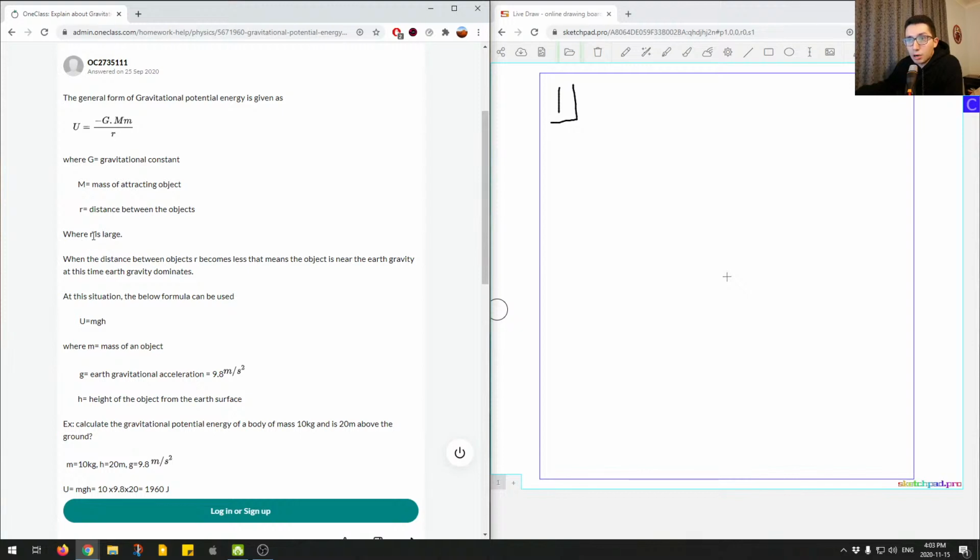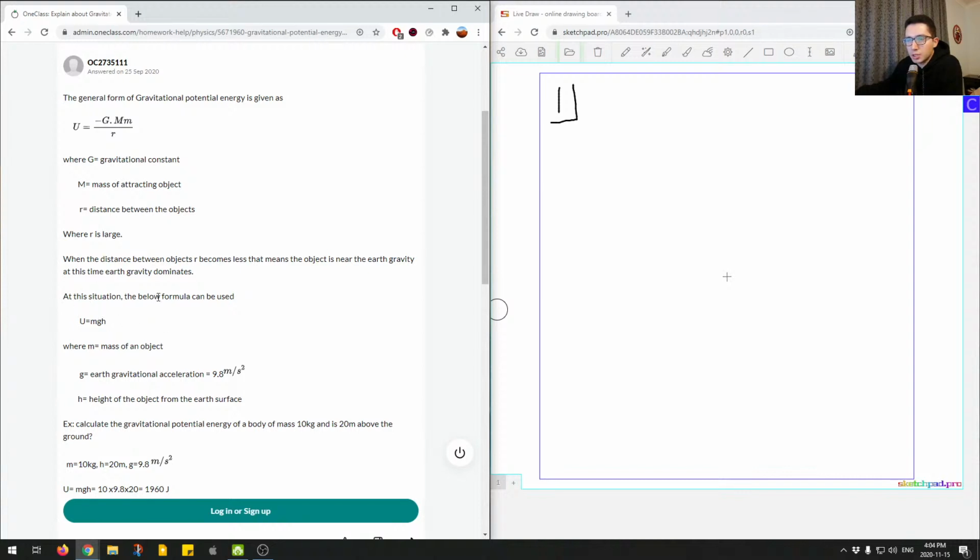And then here r is very, very large. When the distance between objects r becomes less, that means the object is near the Earth, and Earth's gravity dominates at this time. So when r is very large, that's when we use this equation up here. But when it gets smaller, then the object is near the Earth, and we use this situation.